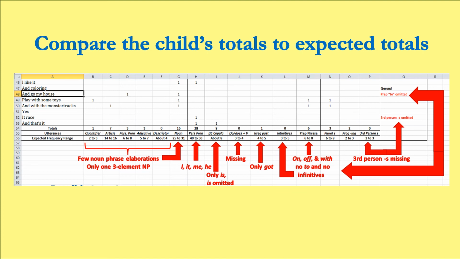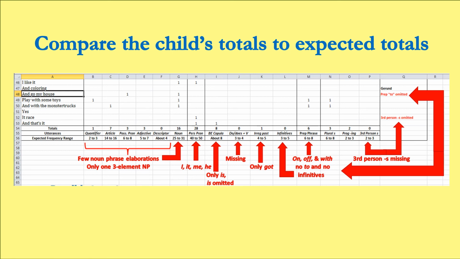These are the totals for the sample from the previous slide, with my comments in red to the right. Note with this child that in most cases the language feature was non-existent or occurred at a very low frequency. Note also that displaying the data in this way enables you to draw some comparisons. For example, the child exhibited no infinitive phrases.